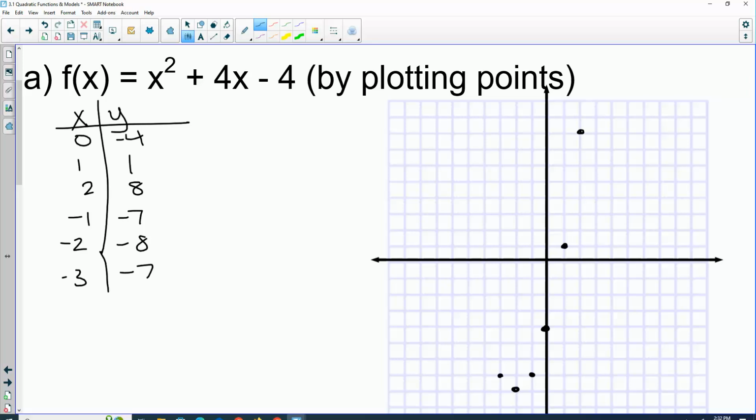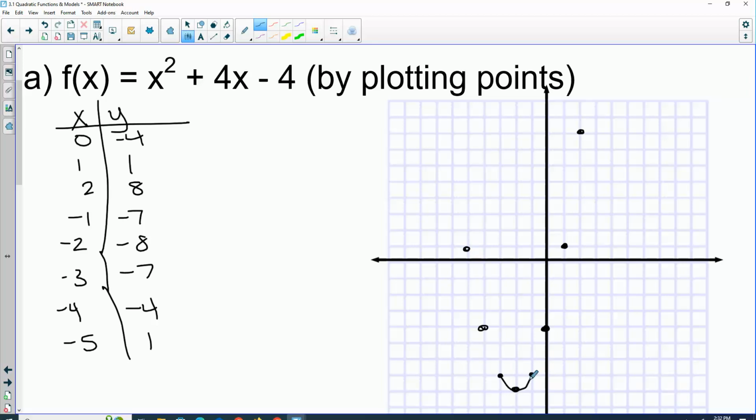Now, you could certainly keep plugging in points, but at the very least, we need this much to get our vertex. And if you chose to go ahead and put in a couple more, you certainly could. If you put in negative 4, you get out negative 4. If you put in negative 5, you get out 1. And so now we definitely see that parabola shape.